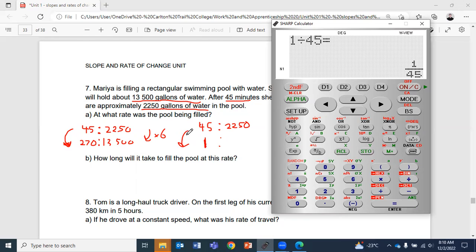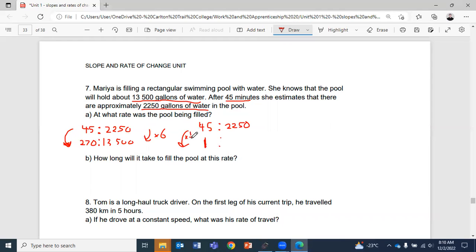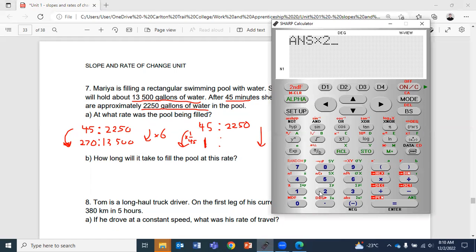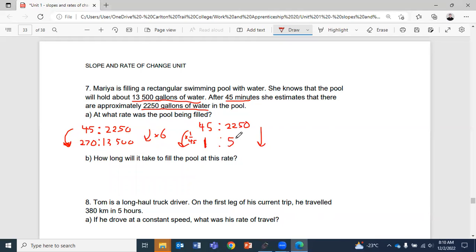This got times by 1 over 45, right? Don't be lazy. Keep it in a fraction form because it's going to change your answer otherwise. So that means I take this number, I times that by 2,250. Okay. I go up 50 gallons per minute. So what's the rate the pool's being filled? 50 gallons a minute. That's my answer.